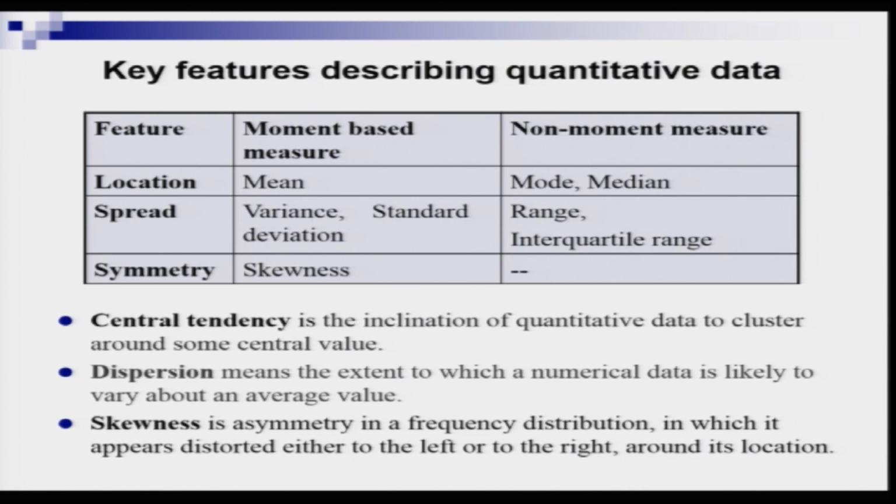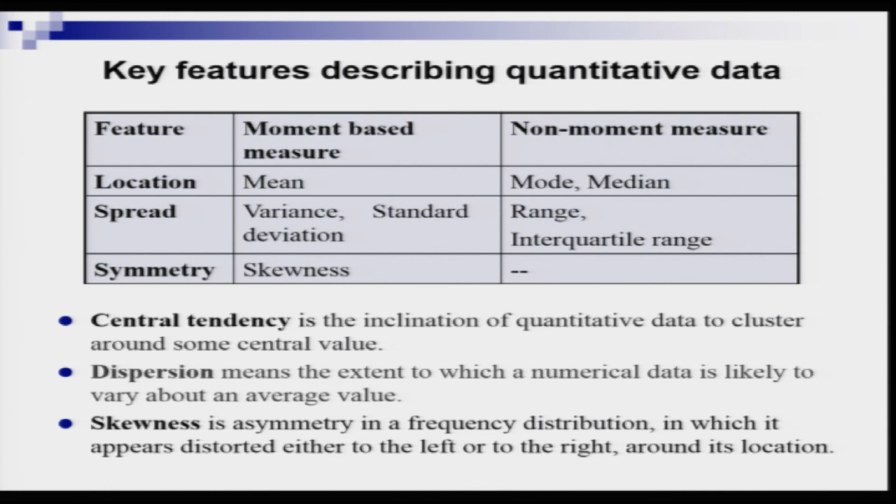It is the extent to which a numerical variable or data is likely to vary about an average value, which is the location of the data. Now, how to measure the spread of the variable? Again, there are 2 types of measures, moment based and non moment based. Moment based measures are variance and standard deviation, and non moment measures are also of 2 types, range and interquartile range.